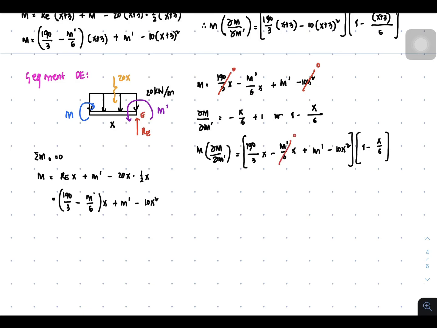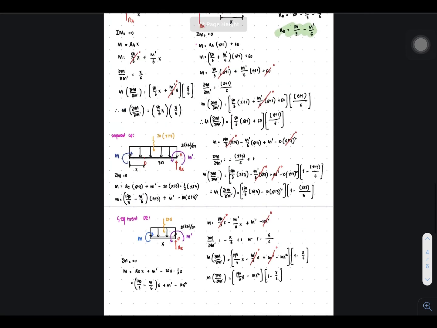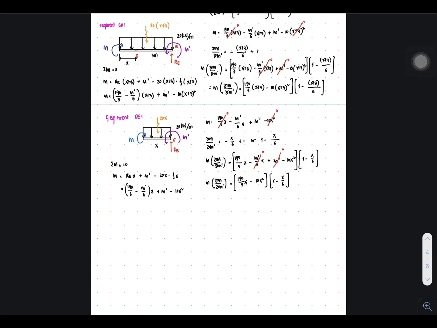And this time we are going to set all the M prime to 0 permanently. So therefore, the final term would be 190 over 3x, then minus 10x squared, to be multiplied by 1 minus x over 6.